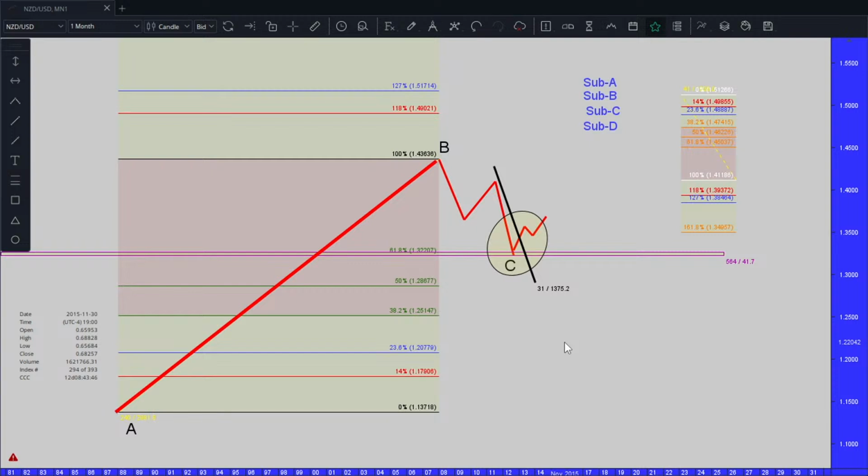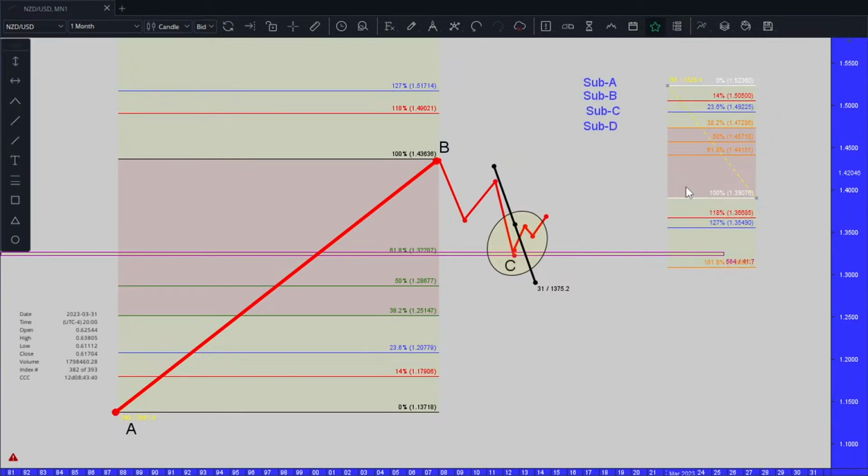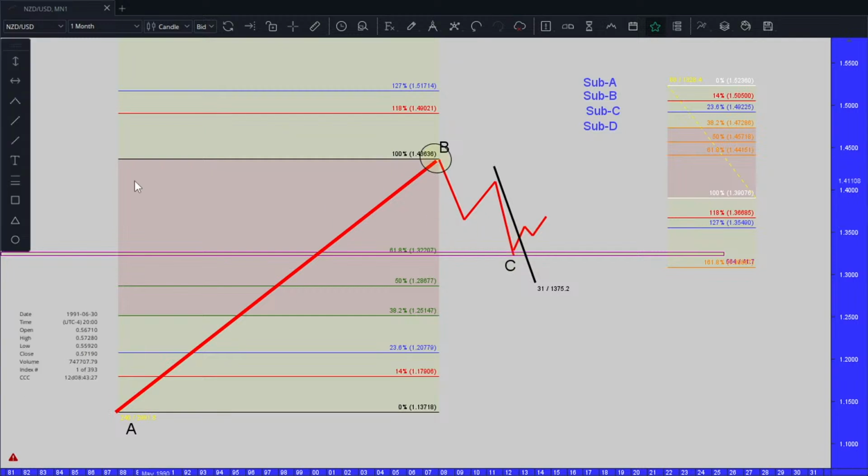All right. Now, if the contrarian Fibonacci applies the same rules or obeys the same rules, where should I start charting my sub A? Should I start charting my sub A at the B high?